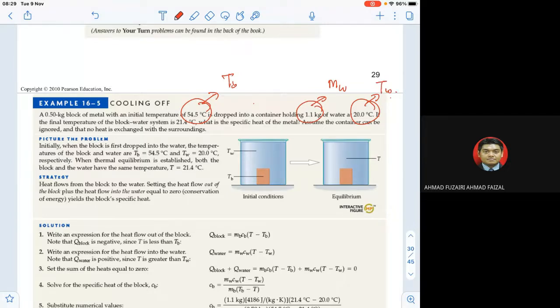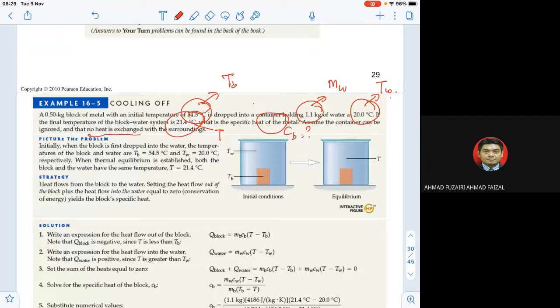If the final temperature of the block-water system is T, what is the specific heat of the metal? So the question asks you to find CB. Assume that the container can be ignored and no heat is exchanged.